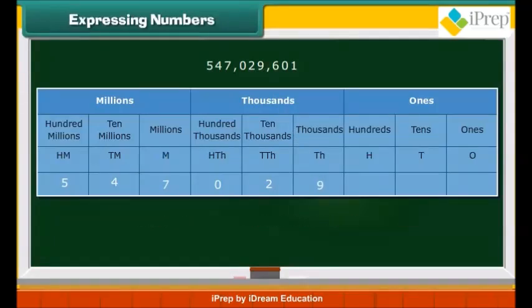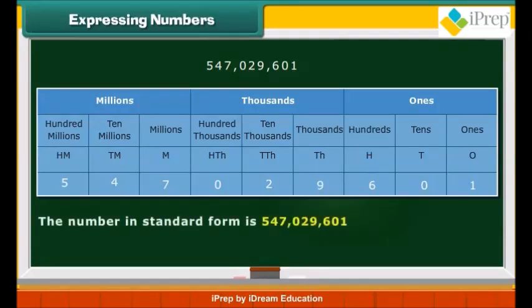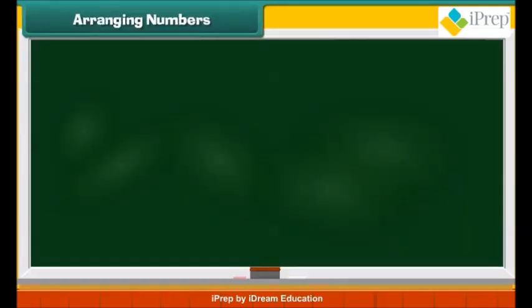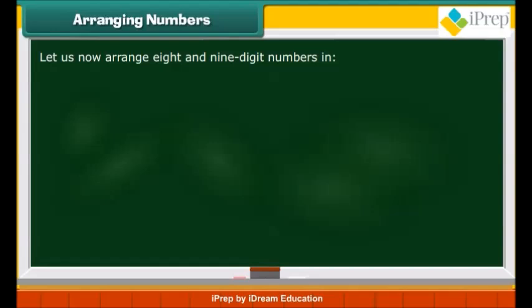Proceeding in the same way, write 6 under H, 0 under T, and 1 under O. Therefore, the number in standard form is 547,029,601.